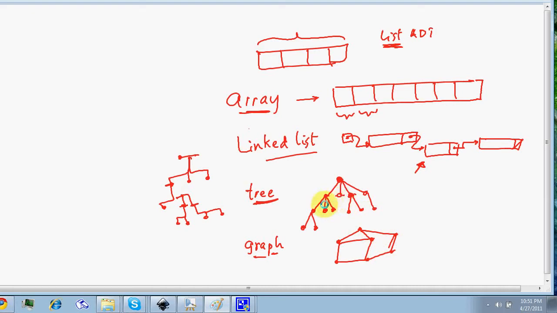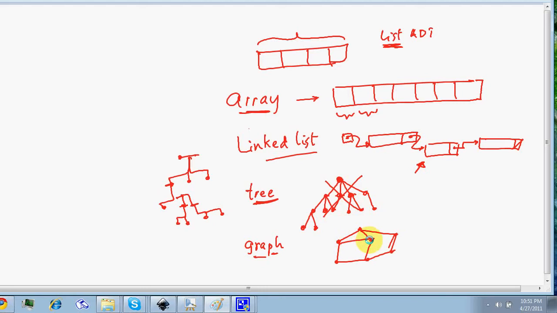Like here there were restrictions. What were the restrictions? That every node has a parent, and only one parent, except the root node, which doesn't have any parent. So you cannot have a relationship like this. Okay, that's not a tree anymore, because this node has two parents. So it's not a tree anymore. What is it? It's a graph now.